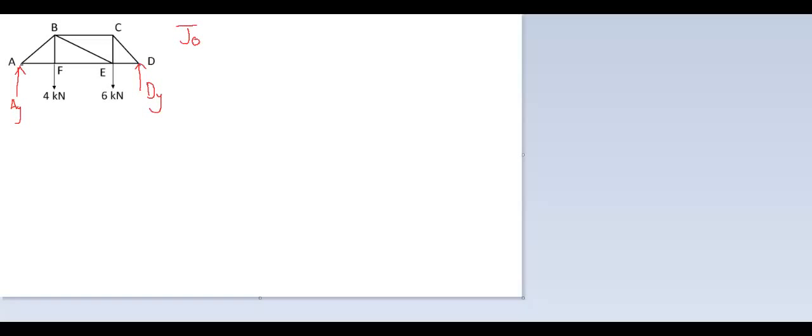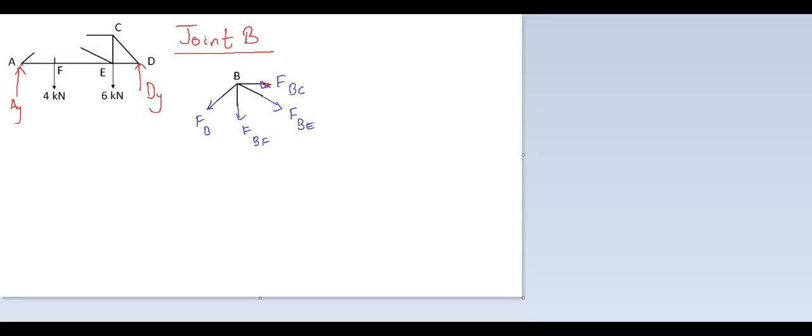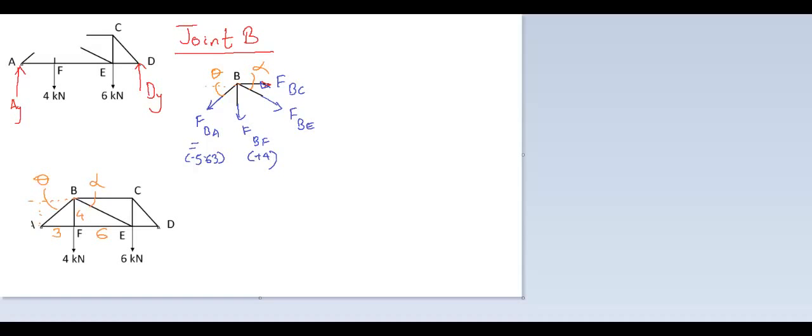Now move on to the next joint, let's say joint B, and make a free body diagram as usual. All the unknown forces should be tensile, which is away from the joint, and the forces that have already been calculated should be substituted. We need to know the angles made by the inclined forces to horizontal and vertical direction.